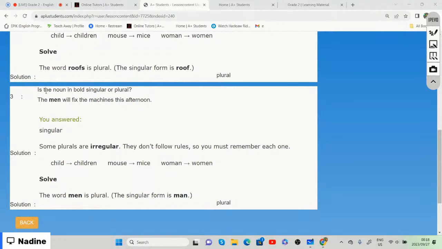It means that men is plural. It's more than one. Whereas man shows one man. It shows singular.